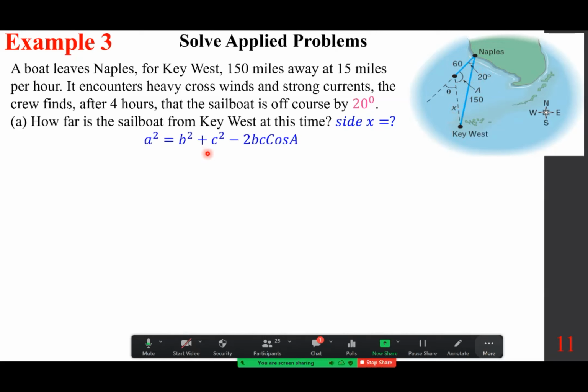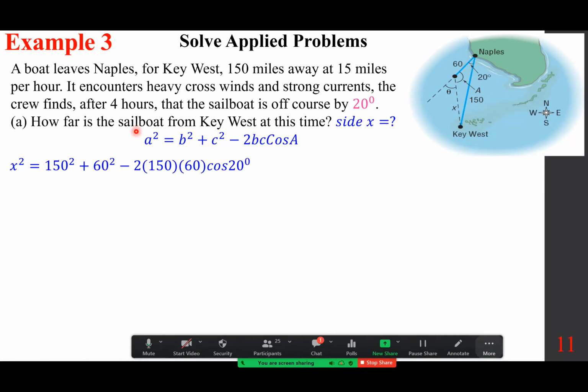A squared is b squared plus c squared minus 2bc cosine a. So in this case, we would say x squared equals 150 squared plus 60 squared, minus 2 times 150 and 60, and then cosine of the included angle, which is 20 degrees.